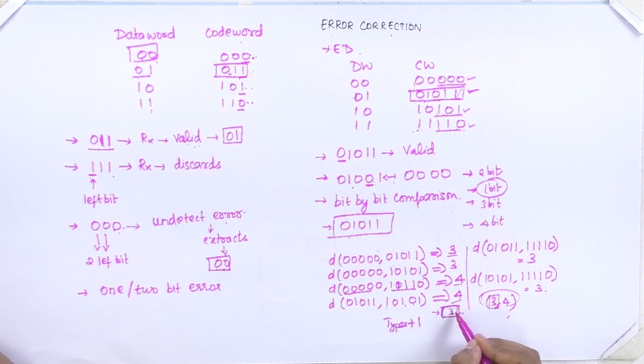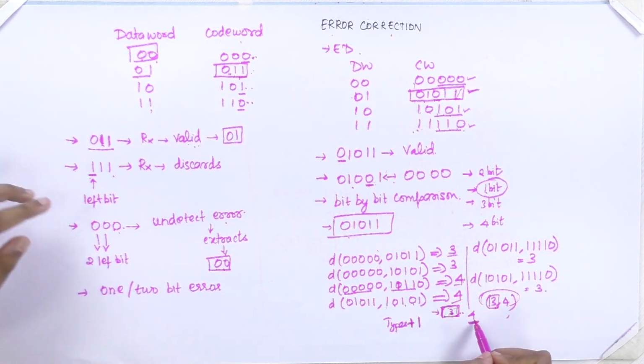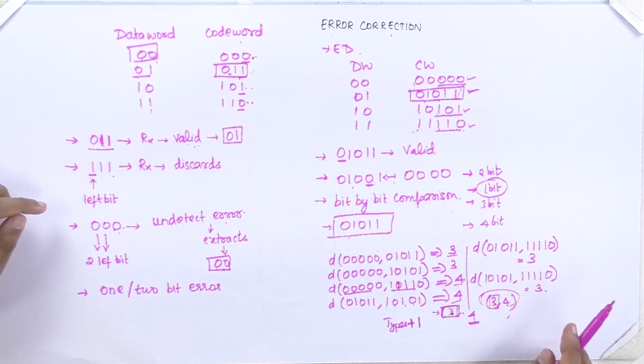So if 3 errors are happening, my message length should be higher. So for 3 errors that might happen in my message, my original data must be of length 4. So this is the concept of your Hamming code.